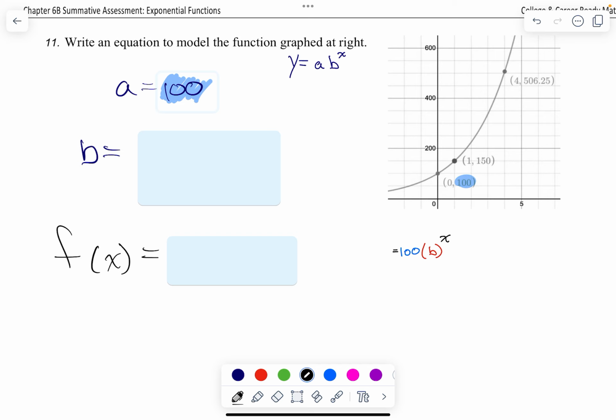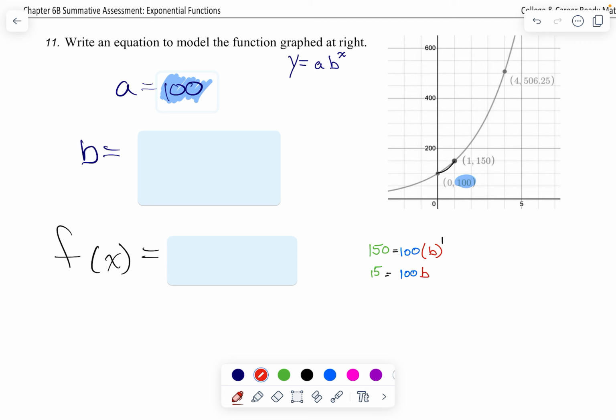This is where I start at 100, but if I go 1 x value to the right, I'm at y equals 150. That's just 1 x value over. So we can say 150 equals 100b.